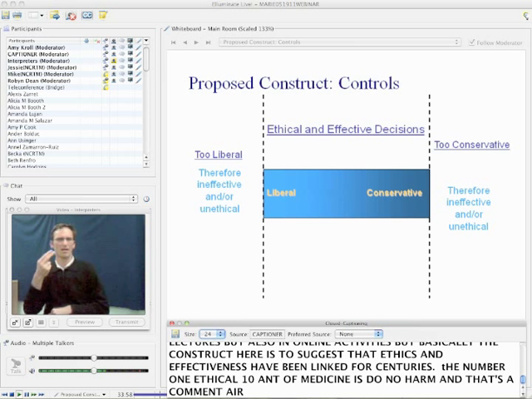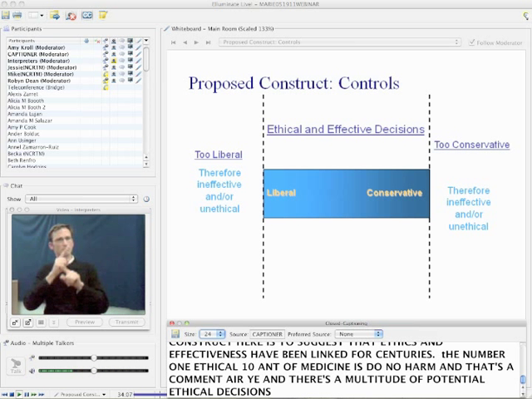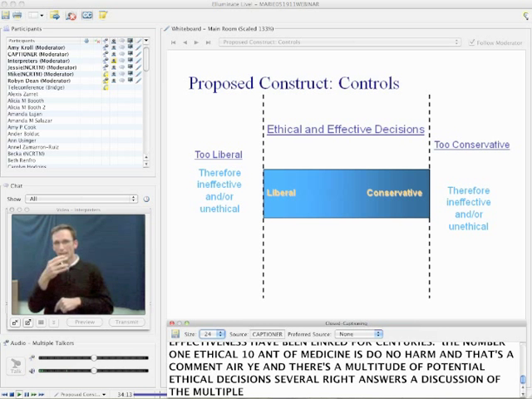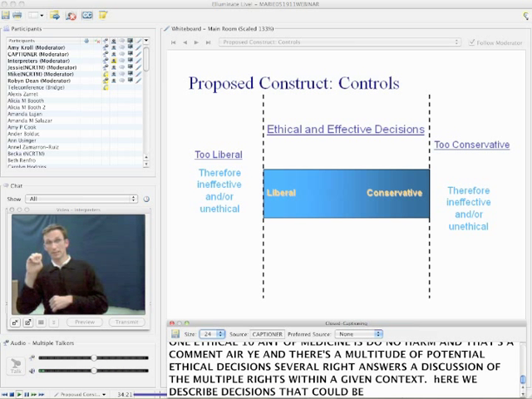And there are a multitude of potential ethical and effective decisions. Not just one right answer, but several right answers. Ethics is known to be a discussion of the multiple rights within a given context. Here we describe decisions that could be conservative, or what we would define as lacking in action.